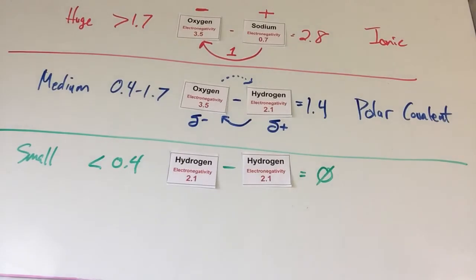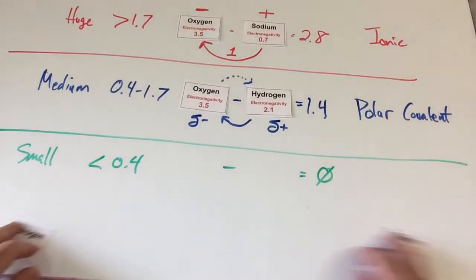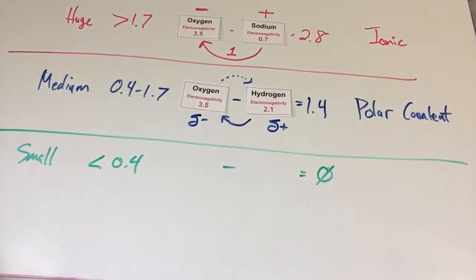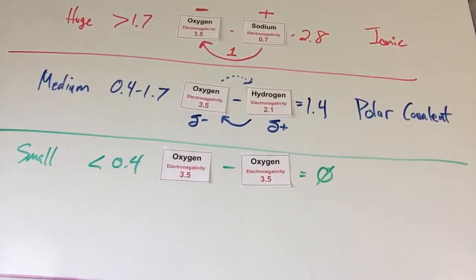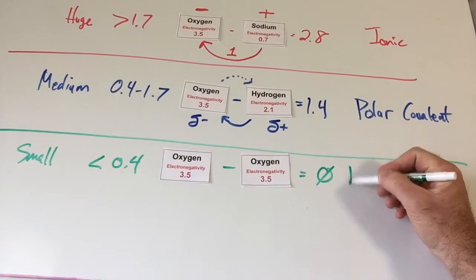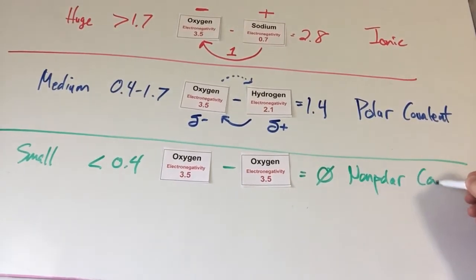It's still 0 and 0. Electrons still are going to spend equal time around both. And it doesn't matter if I flip it with oxygen and oxygen. Again, it's the difference that defines it, not the atoms themselves. And since it doesn't have a positive or negative pole, it is a nonpolar covalent bond.